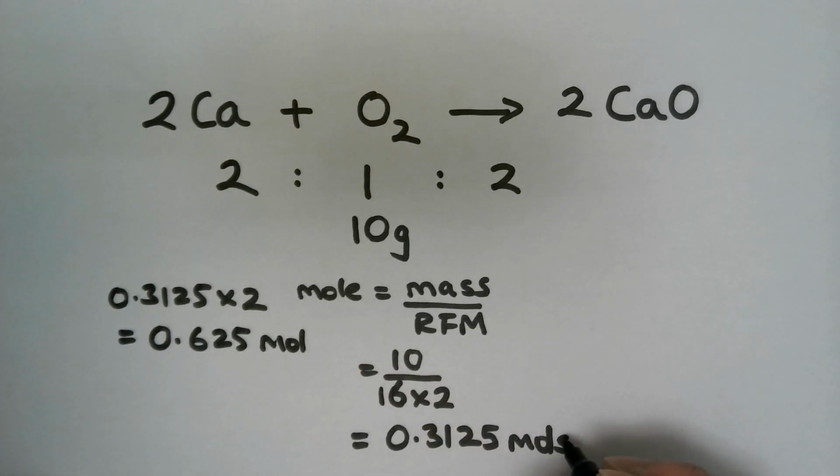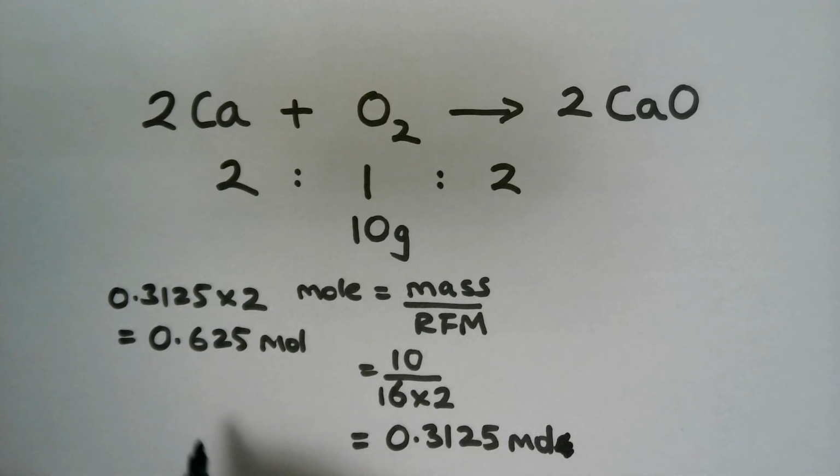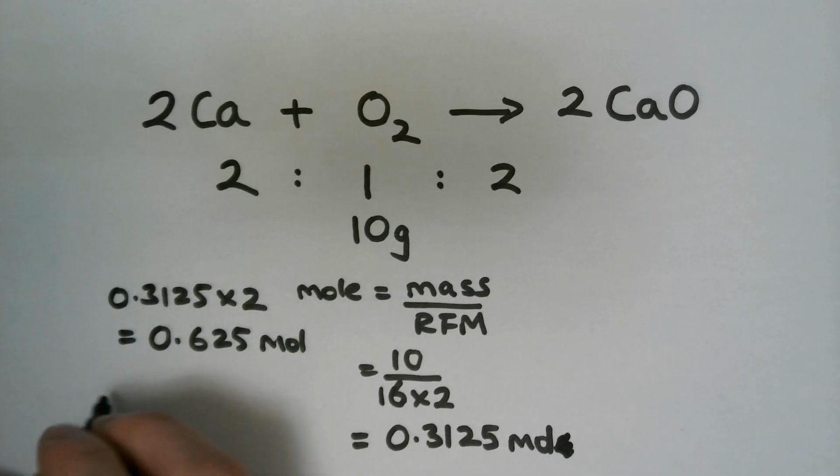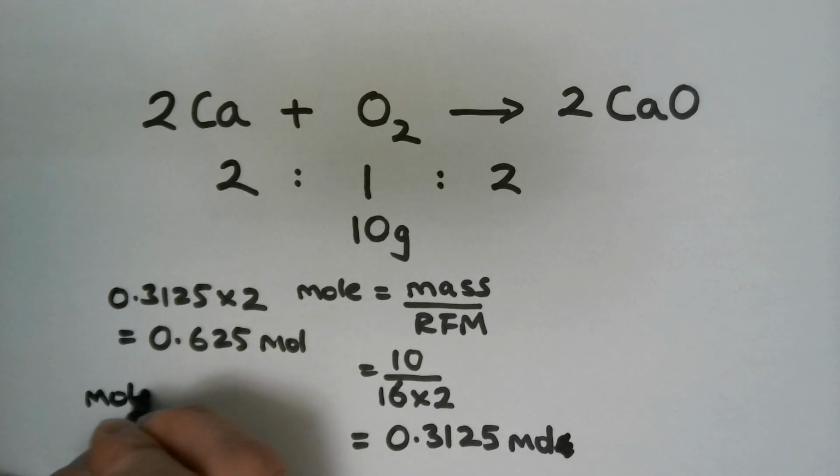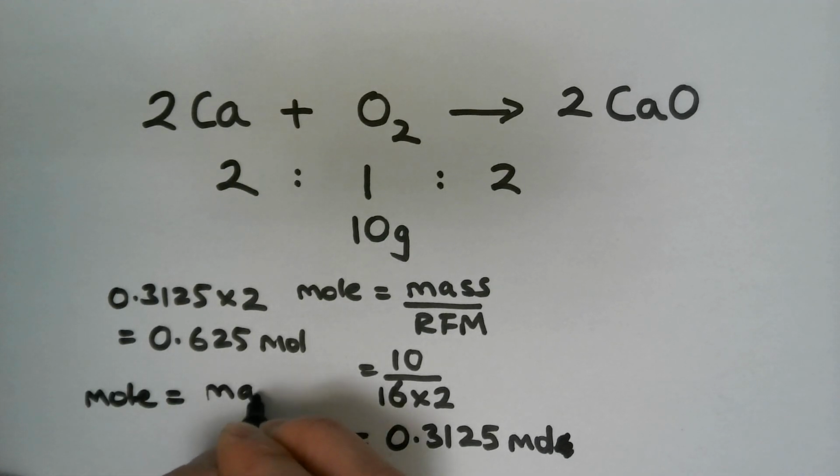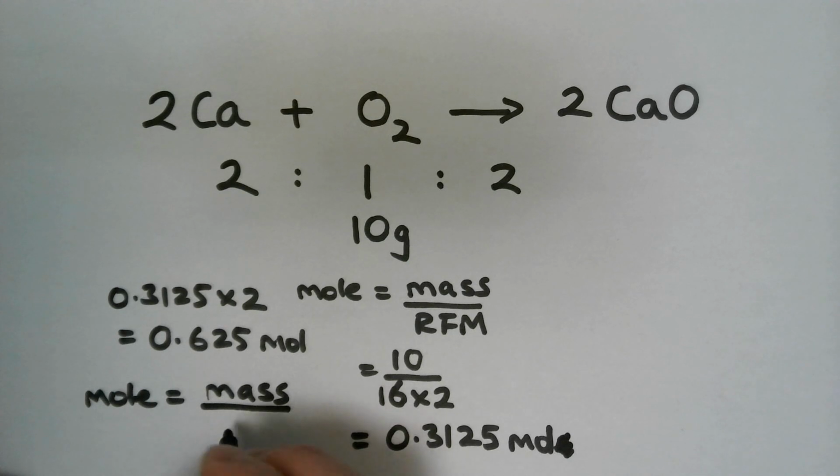Okay, because it's less than 1. Now this is twice as much as this. Then in order to find the mass, I know that moles equals mass over relative atomic mass.